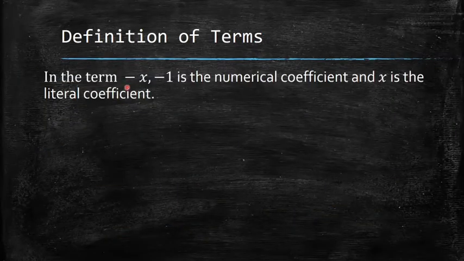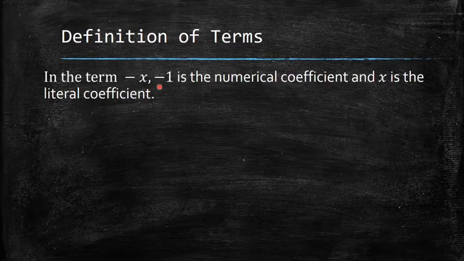Now, in the term negative x, negative 1 is the numerical coefficient. So why is it negative 1? In our term negative x, it means that there is 1 before the variable x. The 1 cannot be seen, but it means that there is 1 as constant before x.